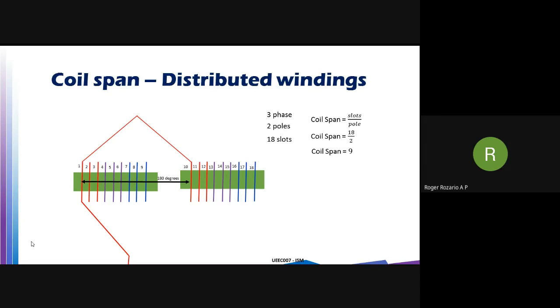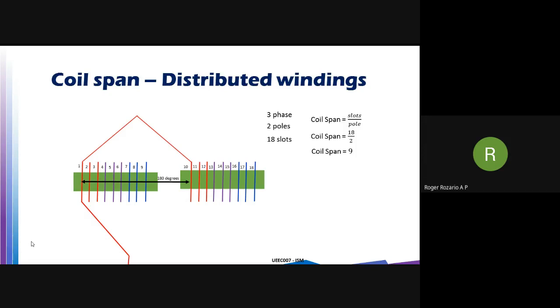And this coil span will be equal to 180 degrees. We should remember, there are two types of coils: full pitched coils and fractionally pitched coils. If the coil span is 180 degrees, the winding is called the full pitched winding.